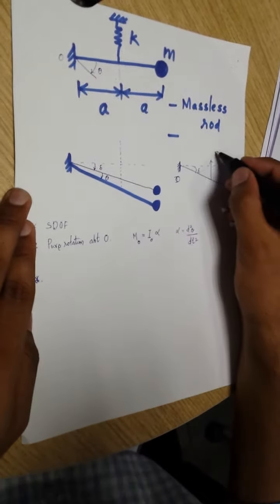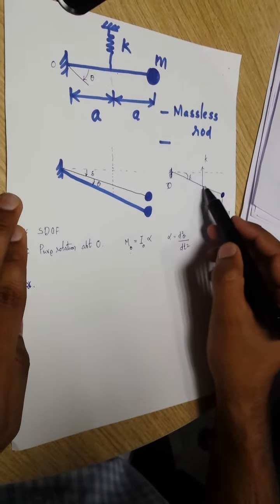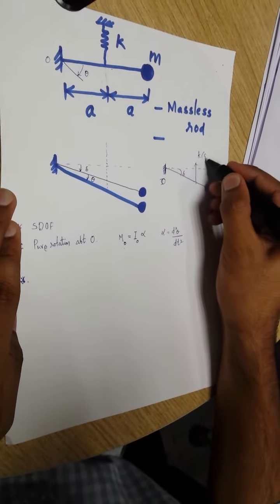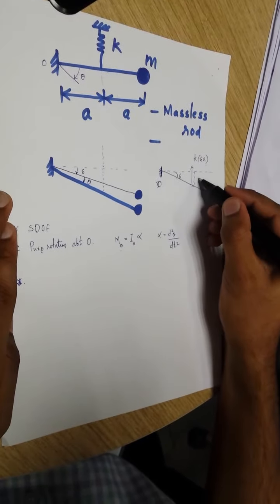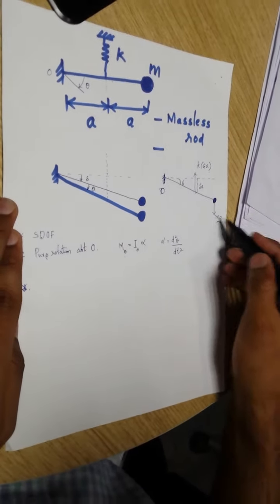There won't be any forces. So the spring force acting at the equilibrium position will be K delta A, where K delta A will give me this distance. So the force will be K delta A. This will be mg.